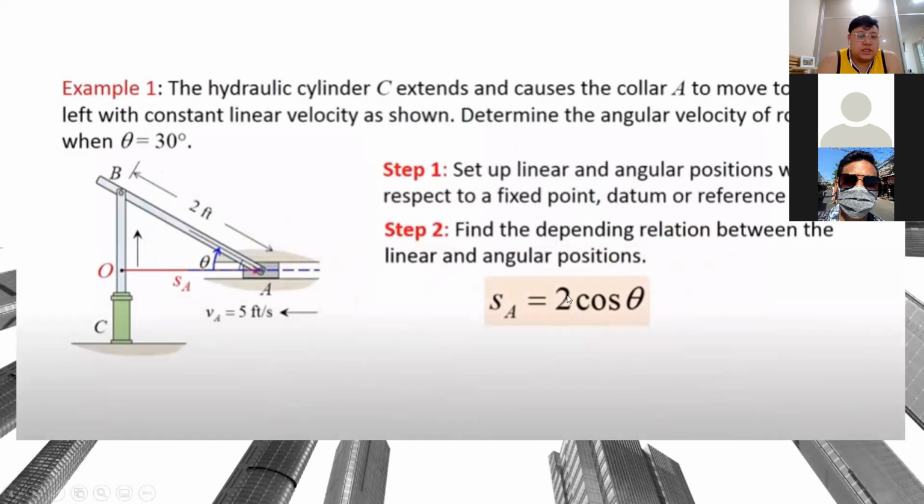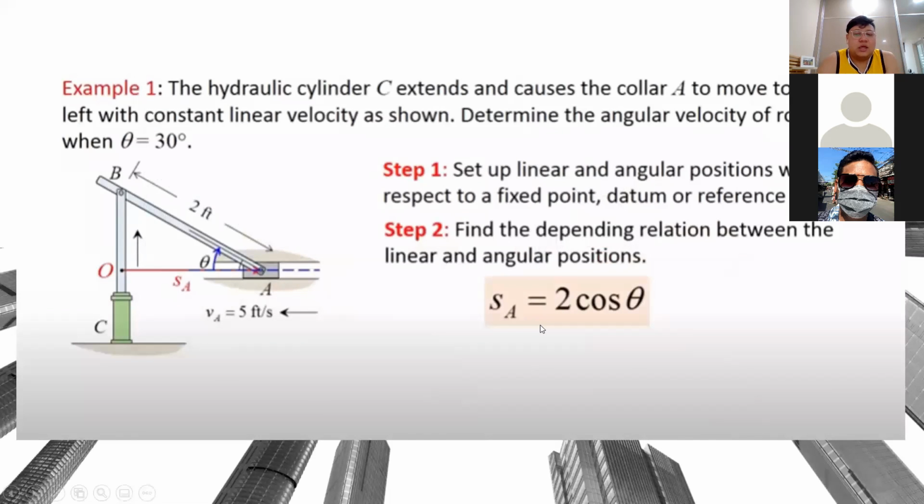So since SA is pointing to the right, we know that from the laws of trigonometry, SA equals 2 cos theta. 2 cos theta is because of 2 feet over here. Cos is because it's from the x-axis, and theta is given. All right, so it's 2 cos 30 degrees.